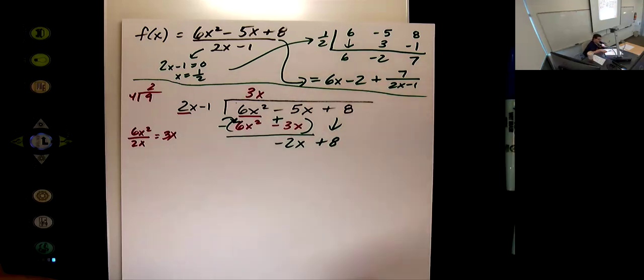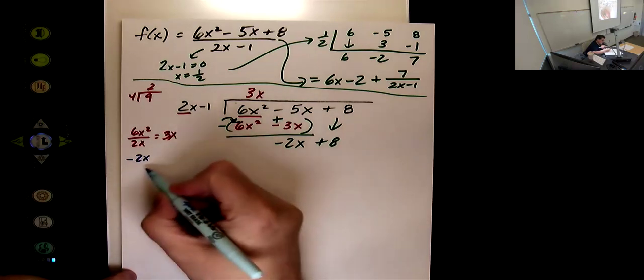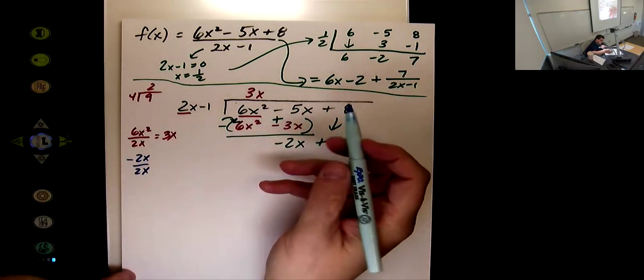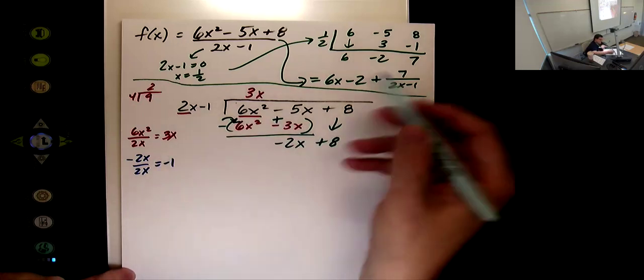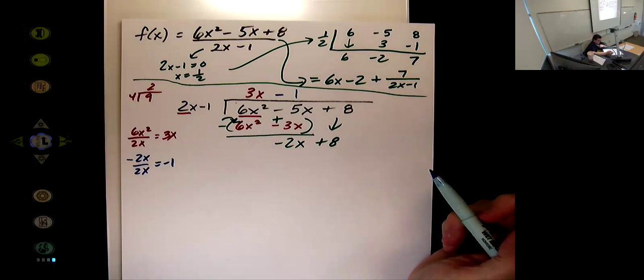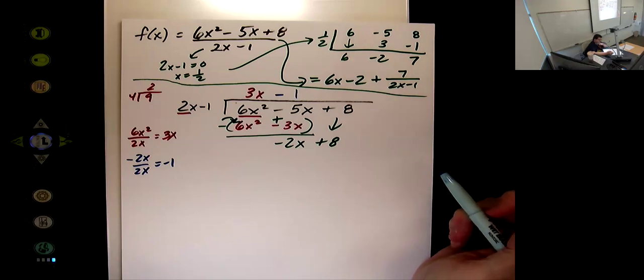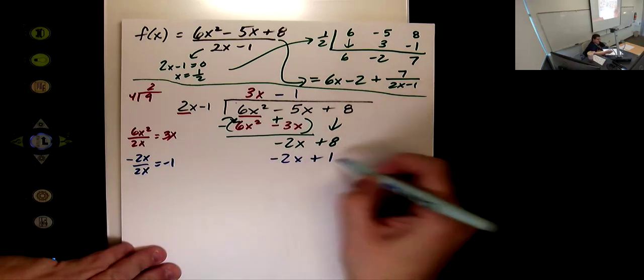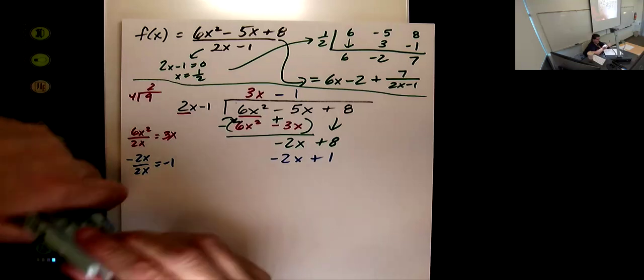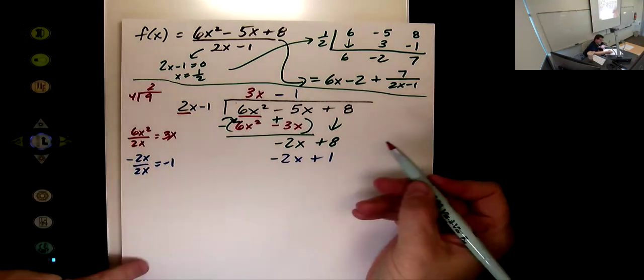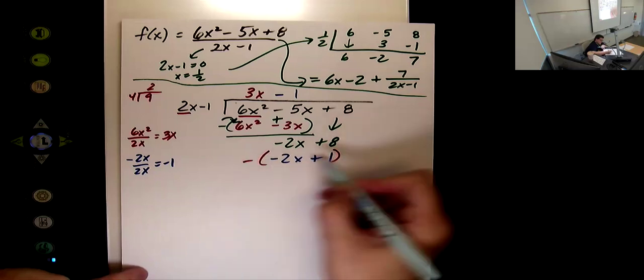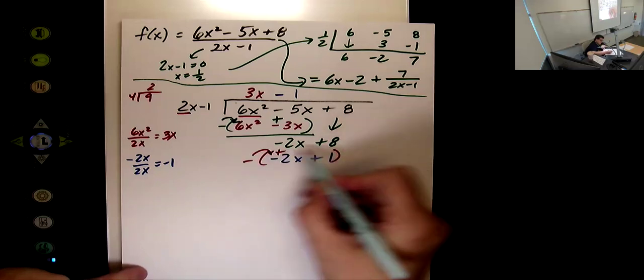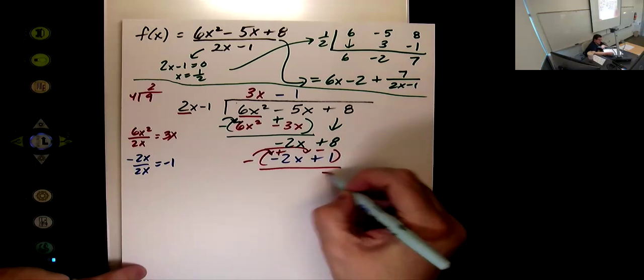How many times does 2x go into -2x? Goes in -1 times. If I multiply that, I have -2x plus 1. And if I do subtraction, that becomes a plus, that becomes a minus. I have 7 left over.